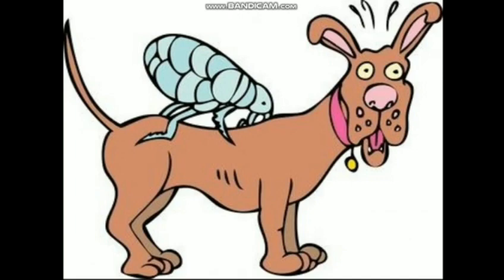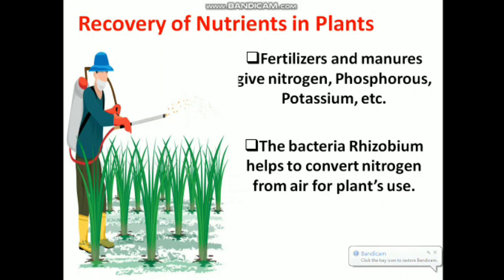Now let's understand the recovery of nutrients in plants. So yes, students, tell me, what is the process of recovery of nutrients in the plants? I think from the picture it is a little bit clear.